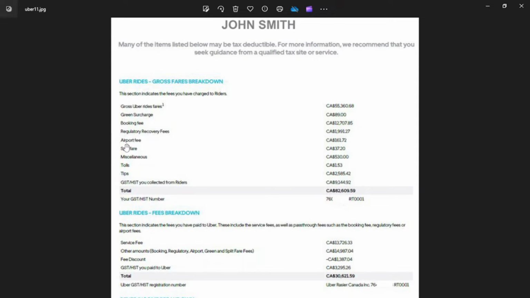Airport fee. Airports all around the world may each have different laws or rules or bylaws for Uber drivers, right?